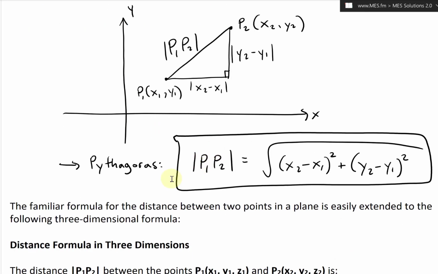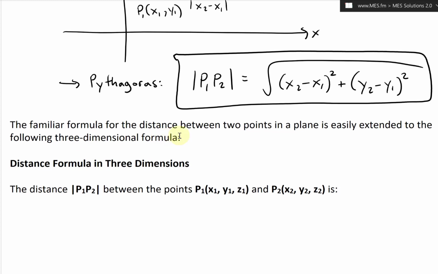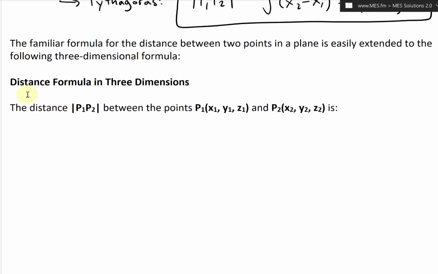Alright, so now that we have the familiar formula for the distance between 2 points in a plane, it is easily extended to the following three-dimensional formula. Here is the distance formula in 3 dimensions. We have the distance between the points P1 (x1, y1, z1) and P2 (x2, y2, z2).